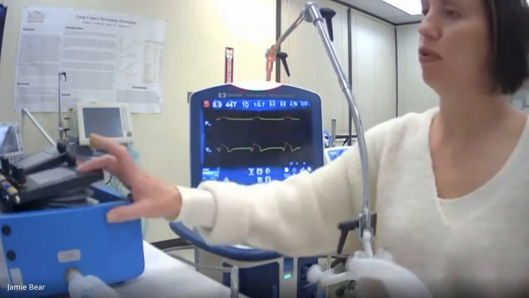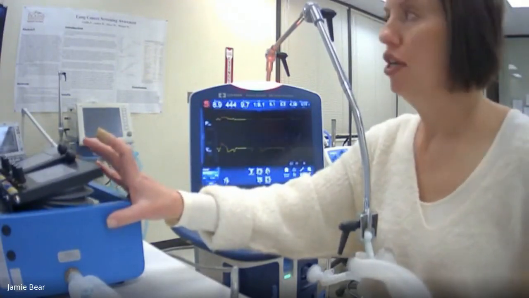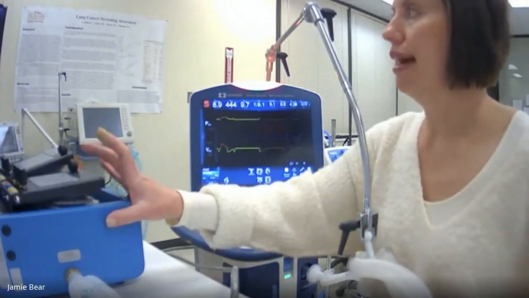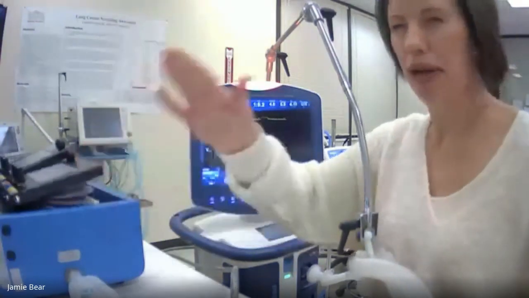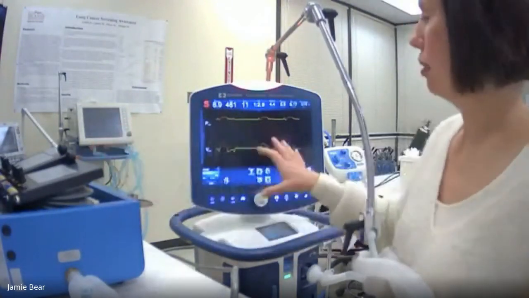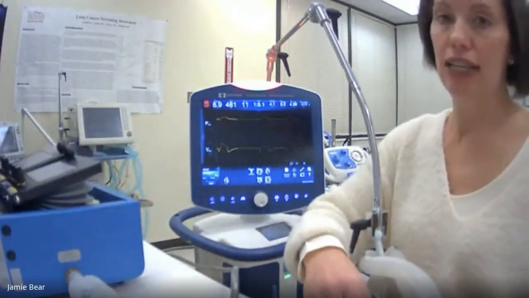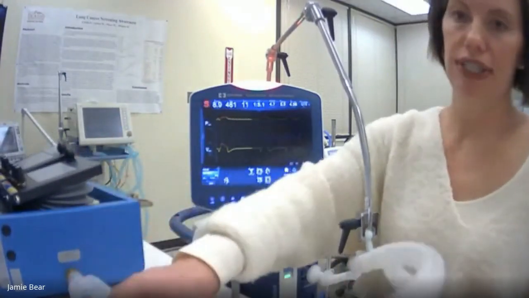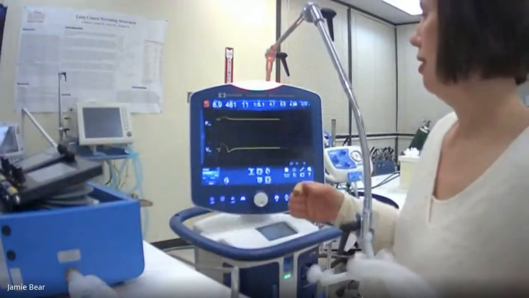So the pressure support, when you guys are doing a wean, a spontaneous breathing trial, you're going to look at that pressure support is still allowing your patient about 4 to 6 mils per kilo spontaneously. The pressure support is helping because of the resistance in the endotracheal tube and all of this dead space with the circuit and whatnot.